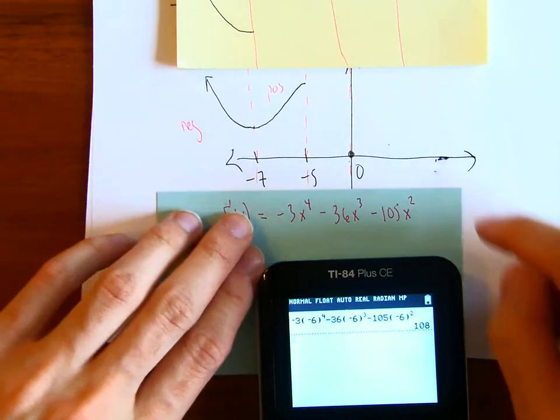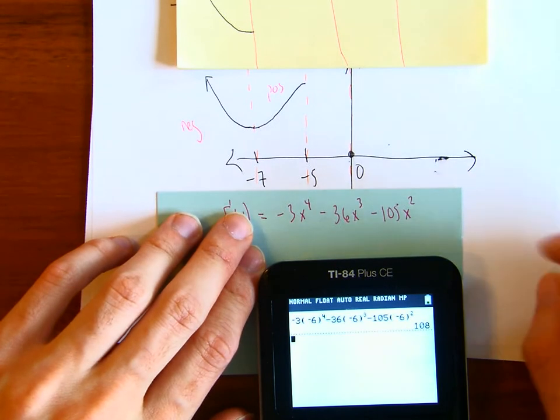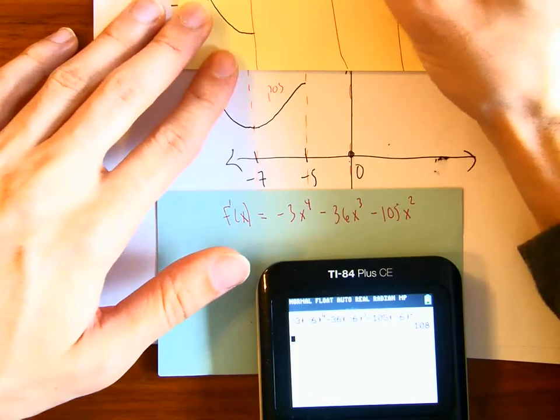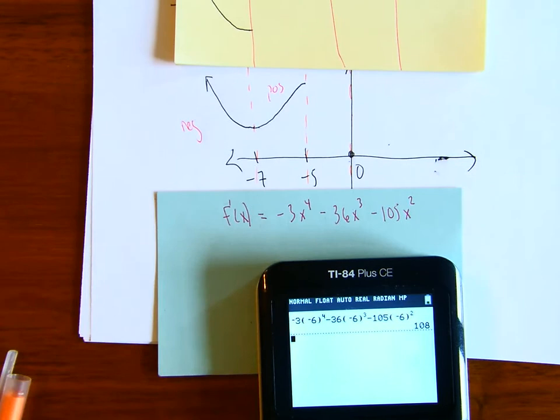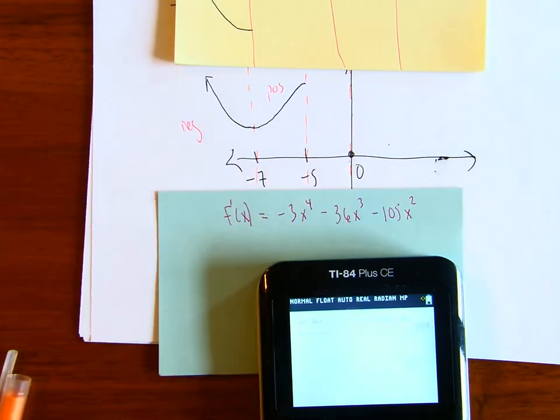Now we got to do the same thing for what? We don't have to use negative 2. We could actually use negative 1. That would be better. But let's try negative 1, right? Because negative 1 is between negative 5 and 0. So this is negative 3 parentheses negative 1 to the 4th, minus 36 parentheses negative 1 to the 3, minus 105, x, I'm sorry, not x squared.